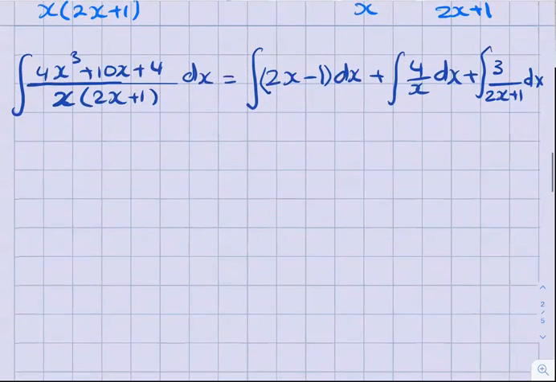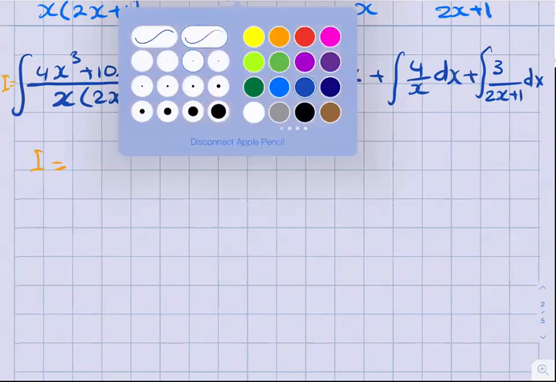So now it's easy. Let's call this I. This integration. So I equals. Now, who wants to help with this?